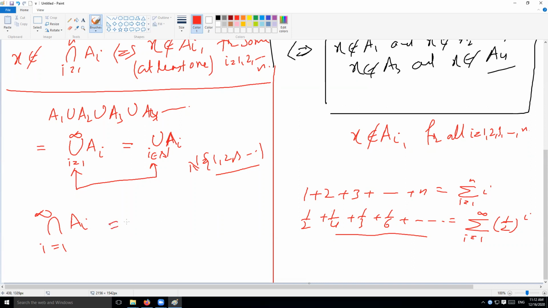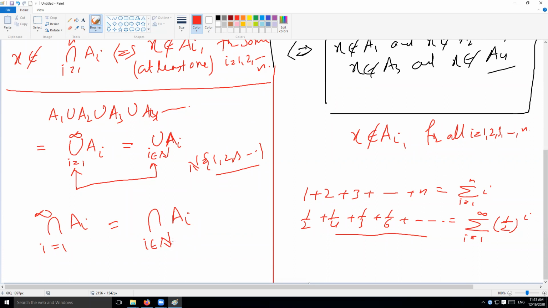But I can also write this in this form, that I am taking the intersection of Ai's where the indices i are chosen from the natural numbers. Now, what is the natural number? In natural numbers, you have 1 and 2 and 3. So for every i in the natural numbers, I am taking the intersection of Ai's.